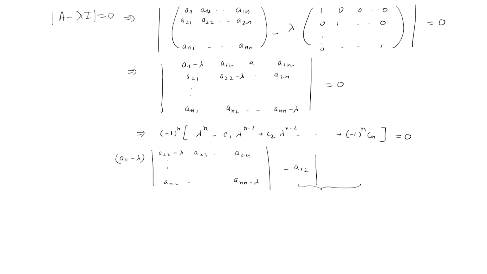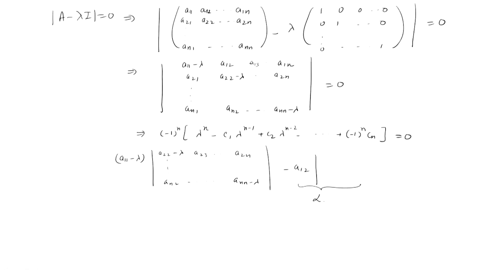Similarly, if you take A13, so here will be something, A33 minus lambda, and when you delete this column and this row, then again two factors of lambda are not coming. So, the maximum power of lambda coming from this term is lambda raised to power n minus 2. Similarly, from the other terms.